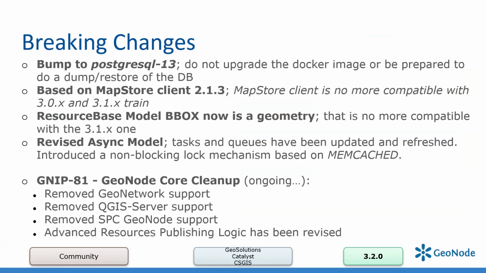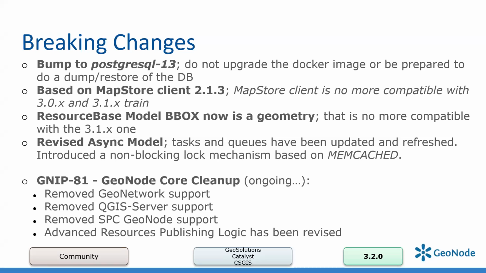Okay, let's speak a bit about the breaking changes between the new version and the 3.1 version and the previous ones. The first one is the Docker file: this new version relies on the PostgreSQL 13 image. This does not mean that you have to mandatorily upgrade your current database.